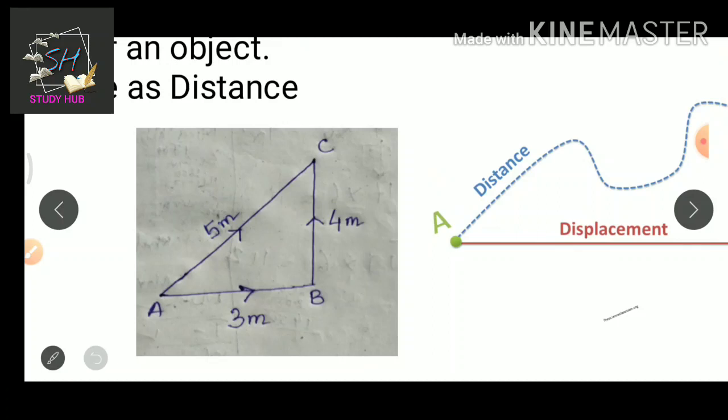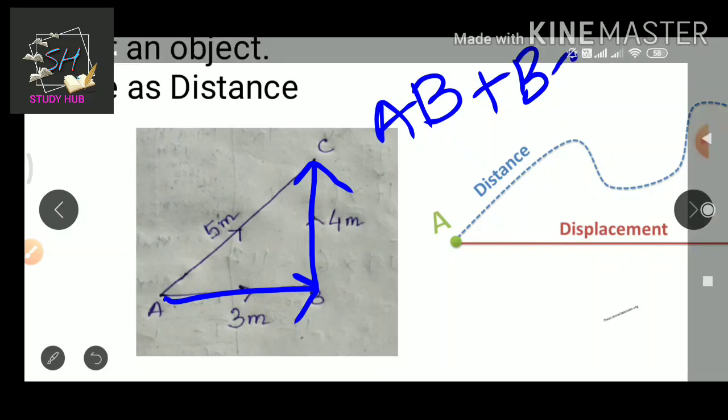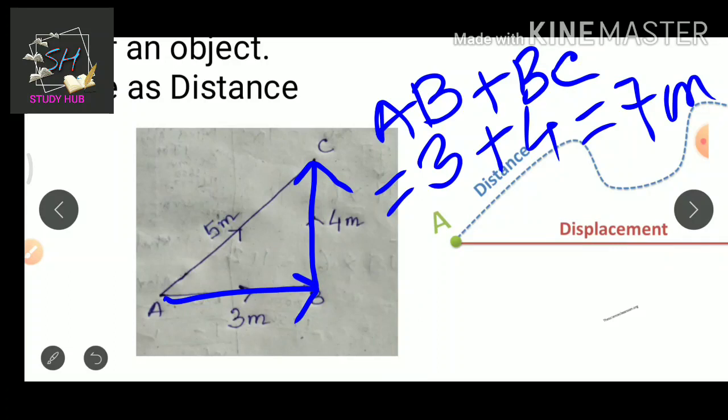Suppose any object is traveling from A to B and then it travels B to C. Then here total distance covered is AB plus BC, which is 3 plus 4, that is 7 meter. This is the total distance.